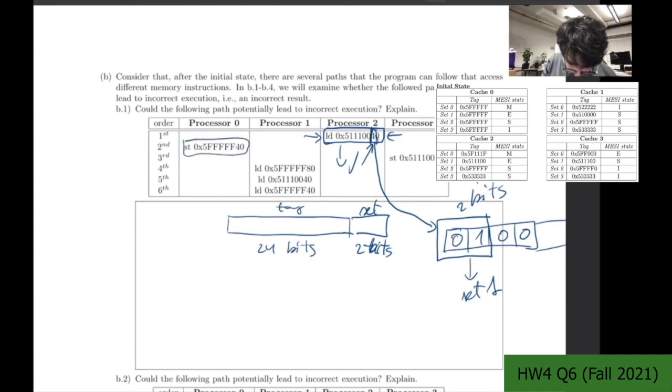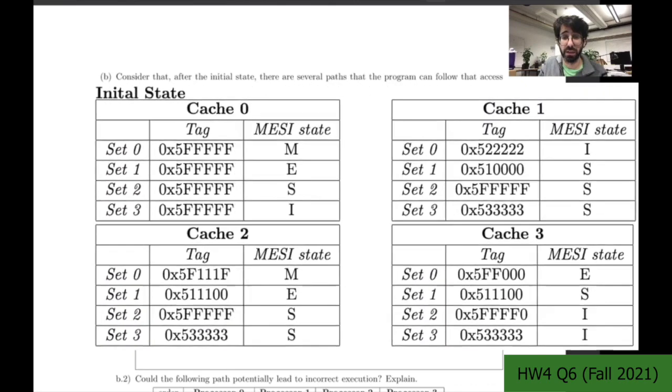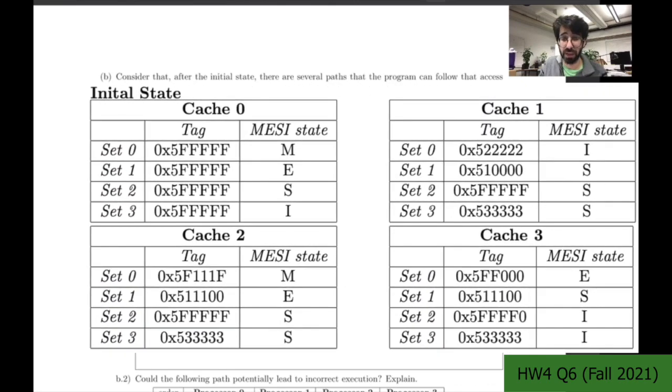And the next instruction doesn't affect the cache line that was struck by the cosmic rays. Then the next instruction is this one in processor 3. That is again the line that was affected by the cosmic ray.